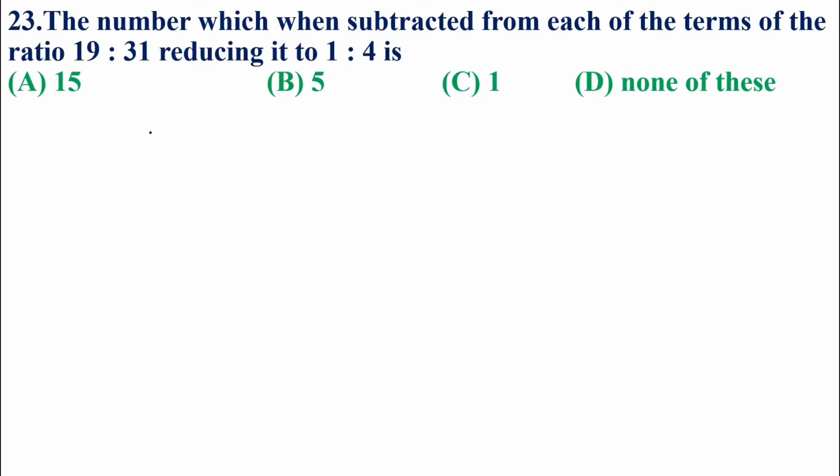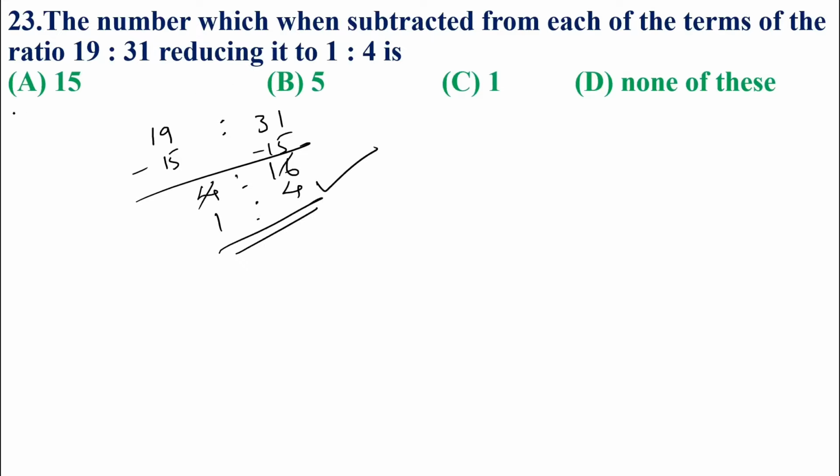I need to subtract one number from each term. So I am taking the first option. If I subtract 15 from this, then this will become 4 is to 16. Then 4 ones are 4, 4 fours are 16. So 1 is to 4. So the answer is correct, so option A. It is not necessary to check B, C, D also.